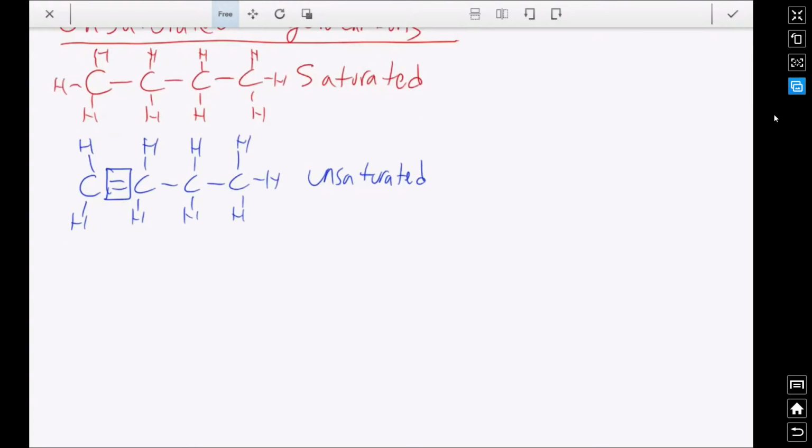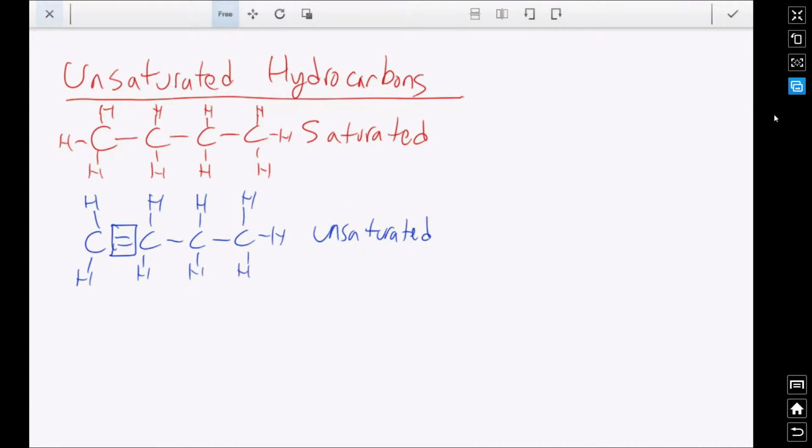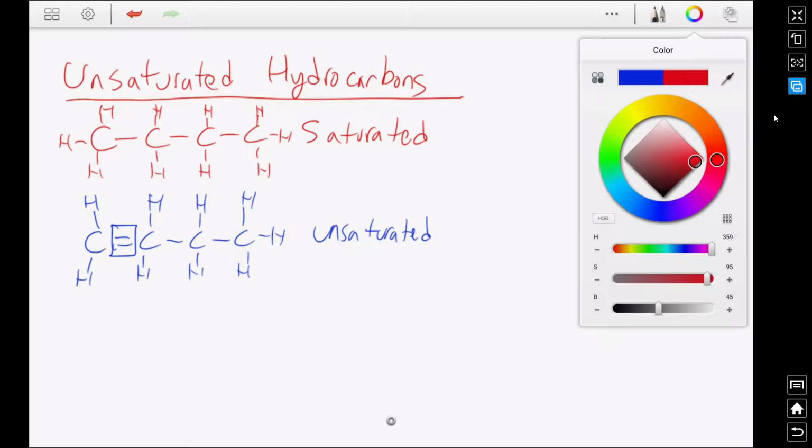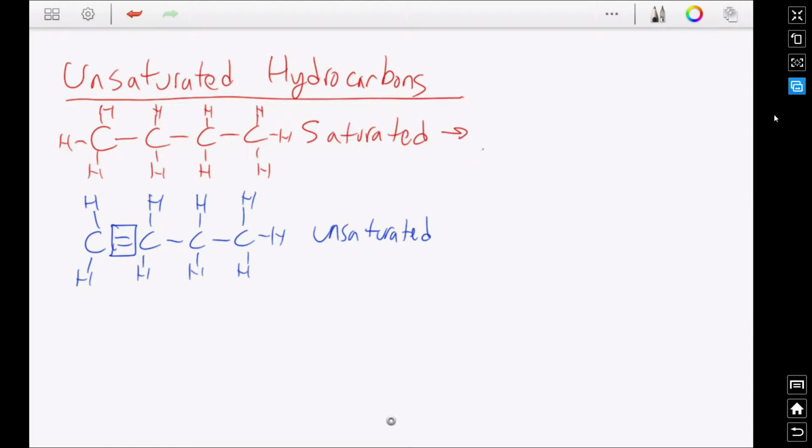I should actually write this down before we go on any further. A saturated hydrocarbon, these were alkanes. That's what we were naming in the previous lesson.